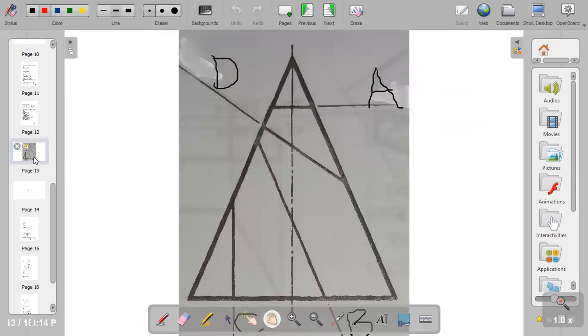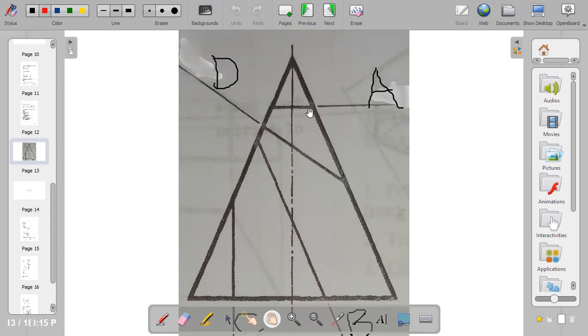So let's see it from here. We have the central axis, and this is the cutting plane. At point A, this cutting plane is perpendicular to the central axis. That means it's making 90 degrees to this axis.